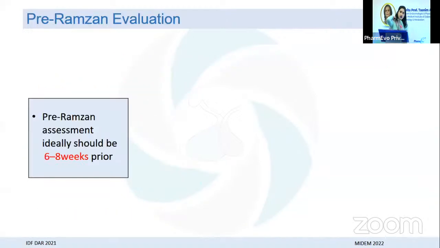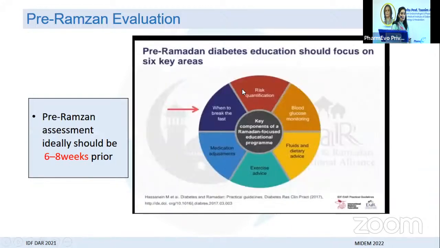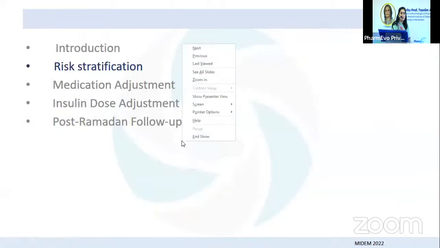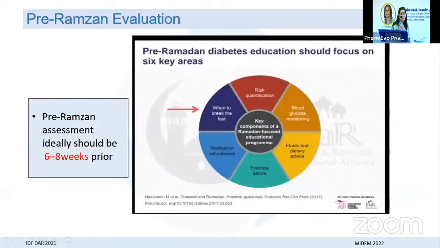So it is very important that pre-Ramzan assessment should be done, and ideally that is done at least 6 to 8 weeks prior to Ramzan. Dr. Yahya already mentioned these factors which should be assessed 6 to 8 weeks before Ramzan. So following are the 6 key areas. Risk quantification, whether the patient is falling in low risk, moderate risk, or high risk.